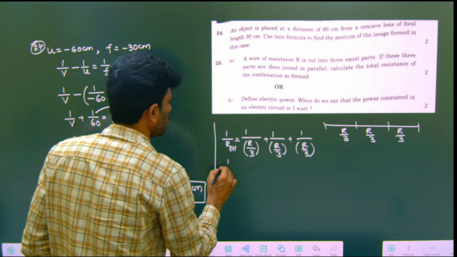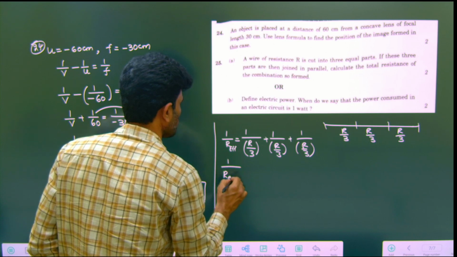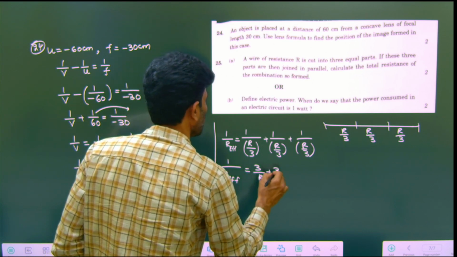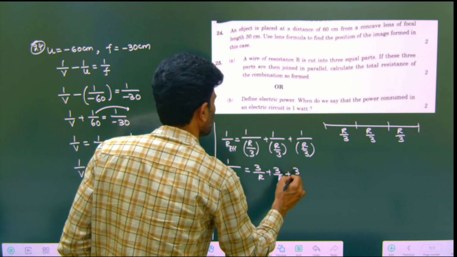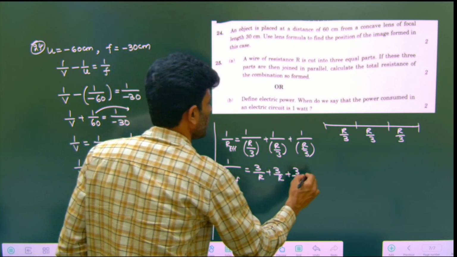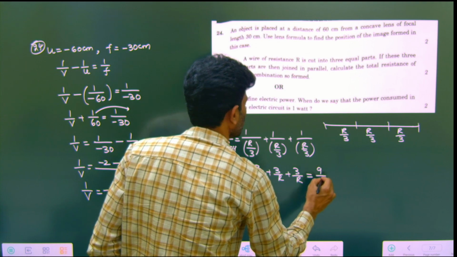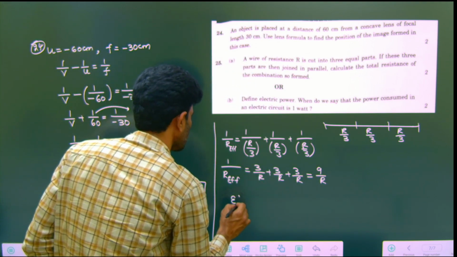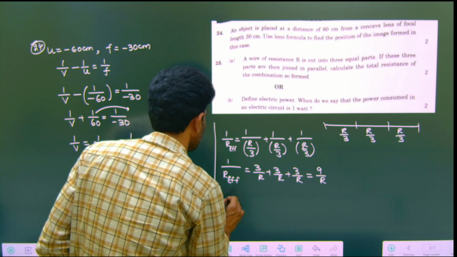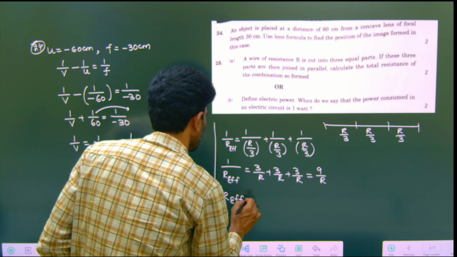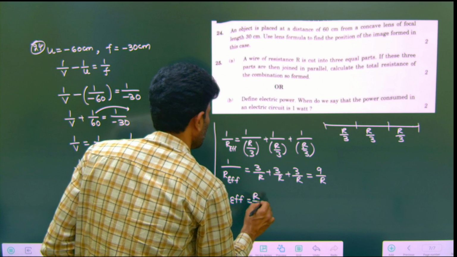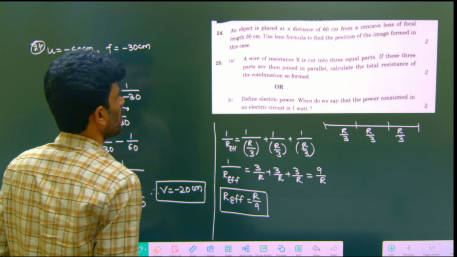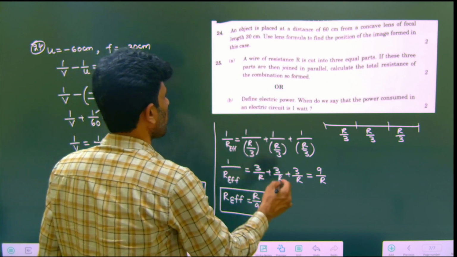So 1 by R effective is equal to 3 by R plus 3 by R plus 3 by R, which is finally 9 by R. If 1 by R effective is 9 by R, then the effective resistance of the combination will be R by 9. This is the answer.